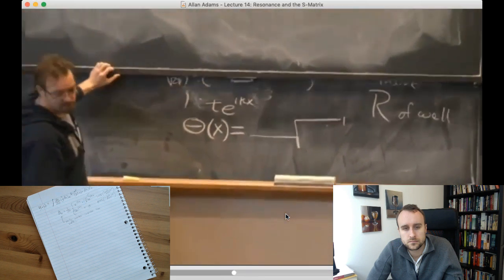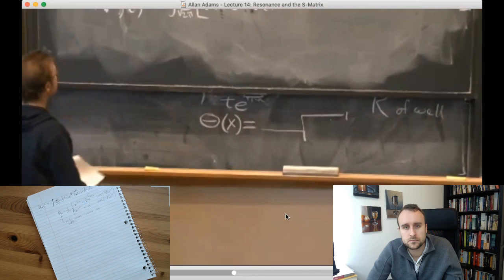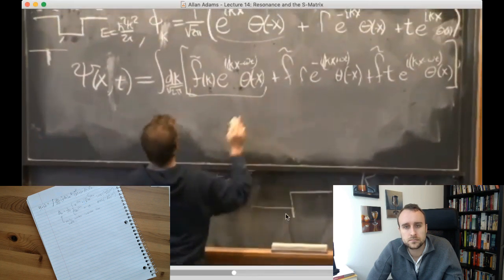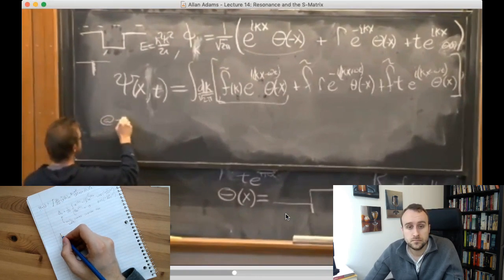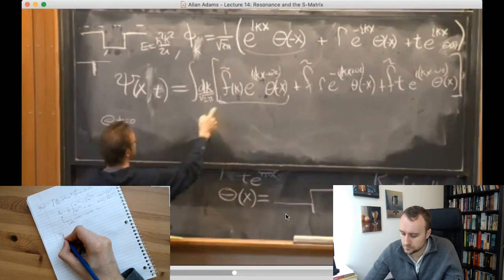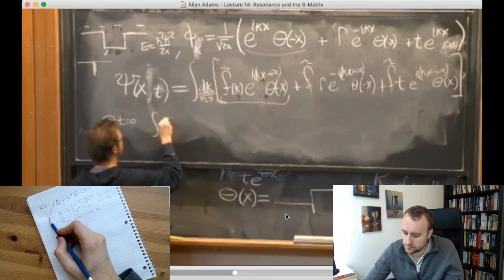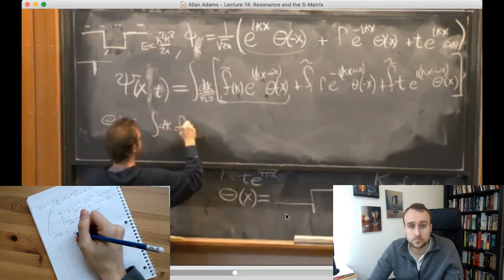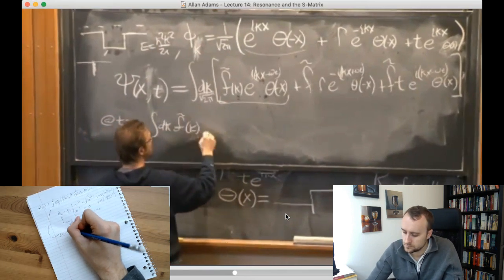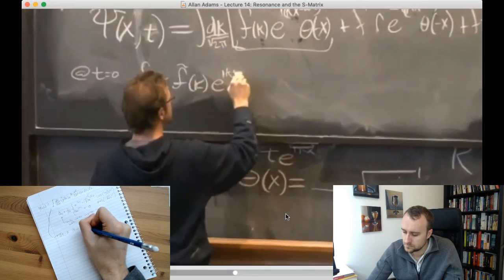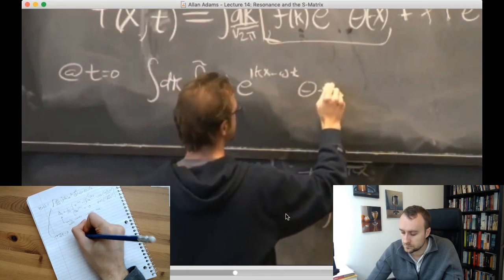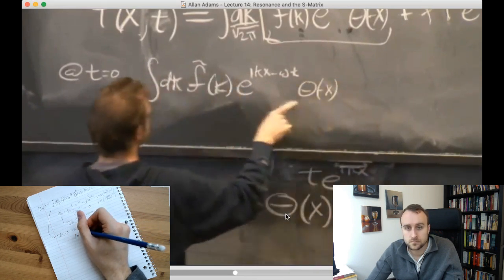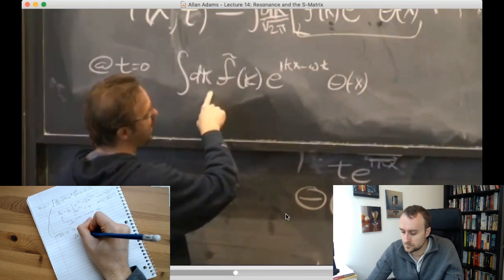Okay. So it's of this form, and I want to look at each of these three terms, in particular at time 0. At t equals 0, the first term is the integral dk of f of k e to the i(kx minus omega t), times theta of minus x. Notice that theta of minus x is independent of k, so it's independent of the k integral.